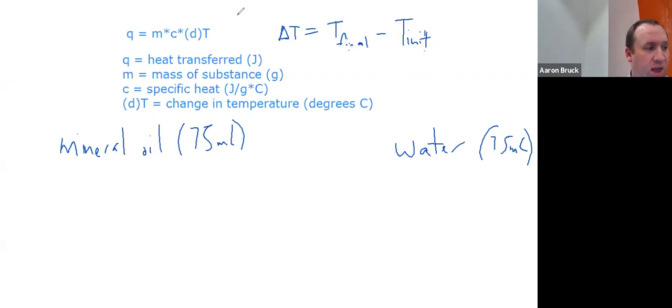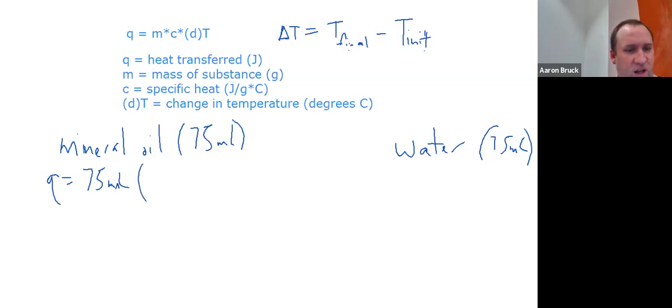And so to do that, we're going to use this equation to go about figuring that out by solving for Q. So for the mineral oil, Q is equal to the 75 milliliters multiplied by its specific heat.